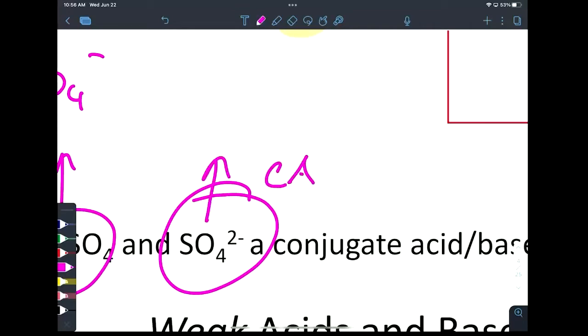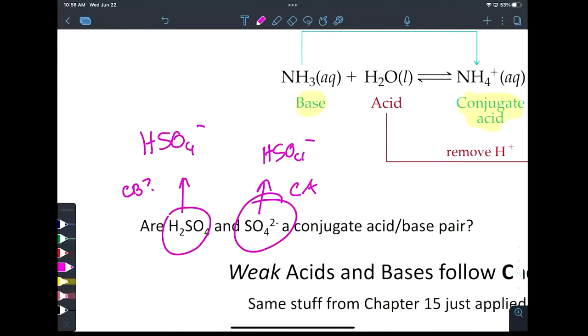And so its conjugate acid here would be HSO4-. So what's interesting is that HSO4- has both a conjugate base and a conjugate acid. It can gain another proton, or it can lose another proton. And we call that an amphiprotic species, when it can do both. It can be both an acid or a base. Water also has that type of phenomenon.